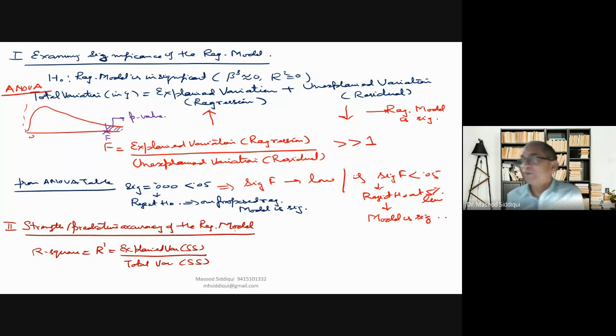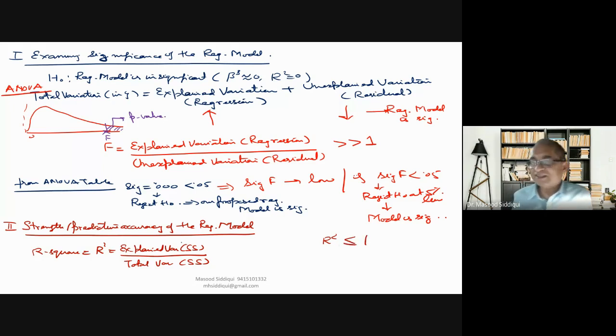Now, this explained variation is always a part of the total variation. So explained variation can never be greater than total variation. At most, explained variation can be equal to the total variation. Right? So this R square can never be greater than 1.